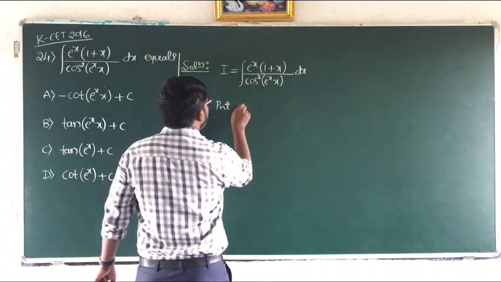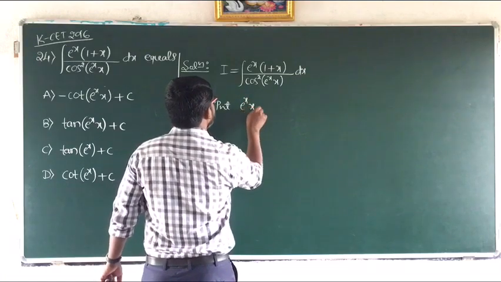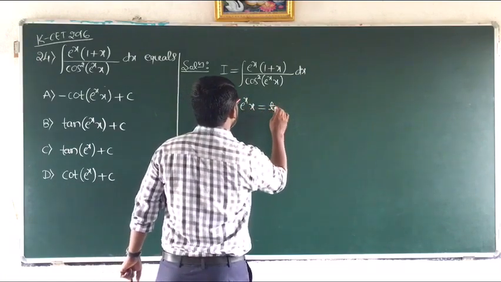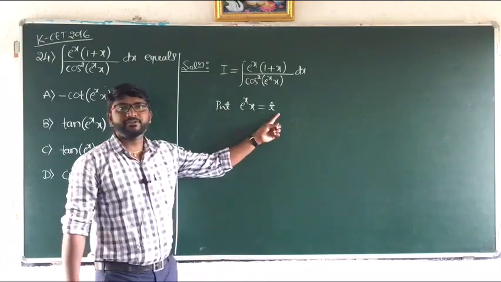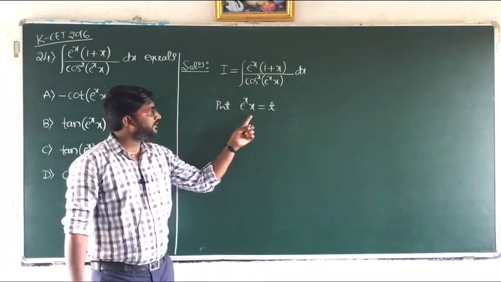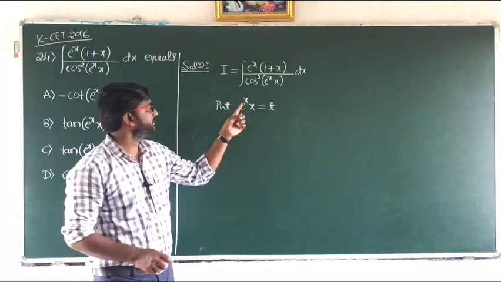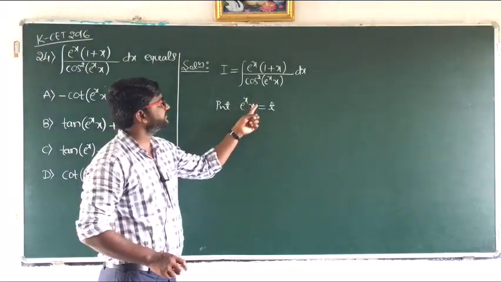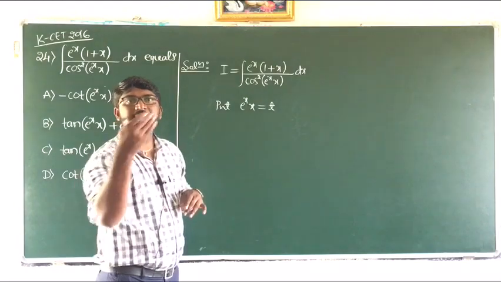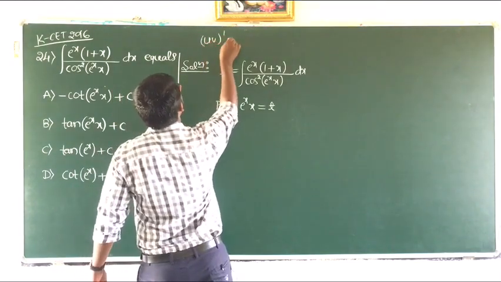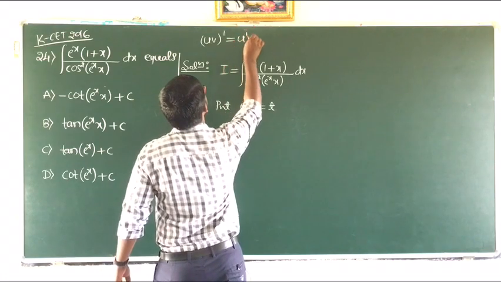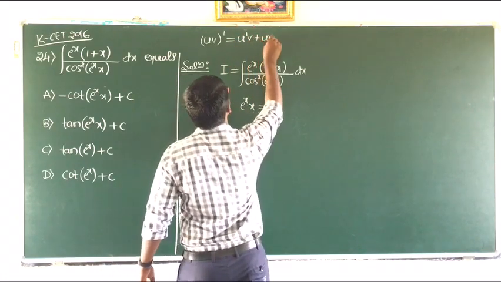Put e raised to x into x, which is equals to t. Now we have to differentiate both the sides with respect to x. Here we have to apply the product rule, uv the whole dash. So e raised to x is a function and x is also a function. It is function into a function. What is the formula now? uv the whole dash, which is equals to u dash v plus u v dash.